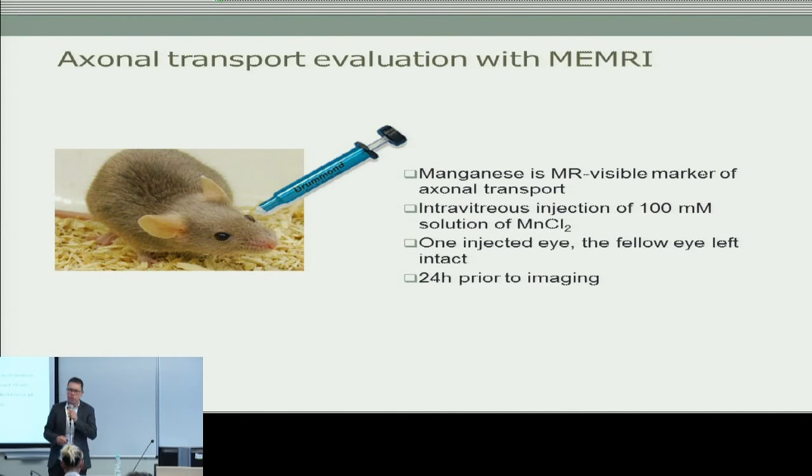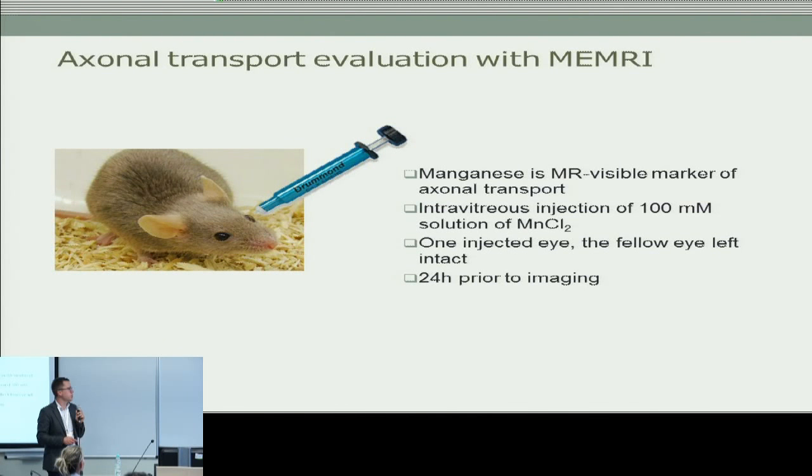Another mechanism that we looked at was the deficits in the axonal transport. This is a common mechanism in various neurodegenerative disorders, and we wanted to check when this appears in our model of glaucoma. So we employed a method that is called MEMRI.